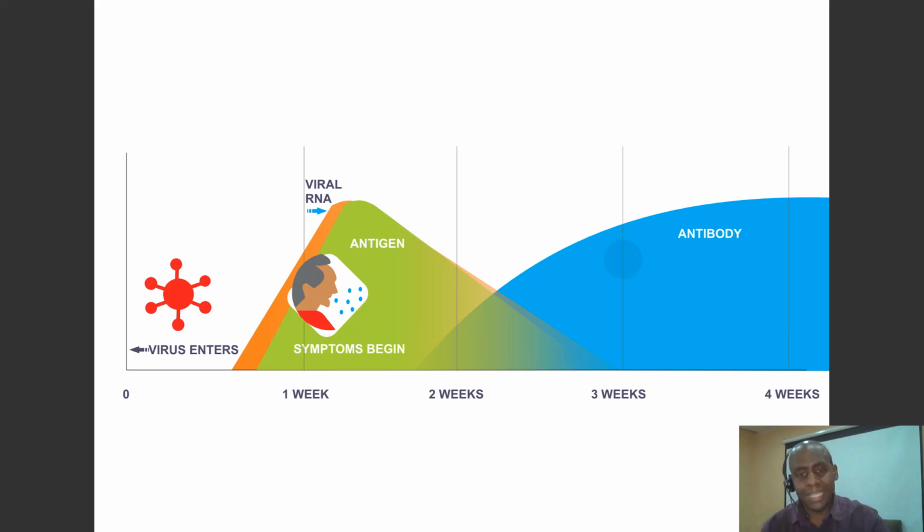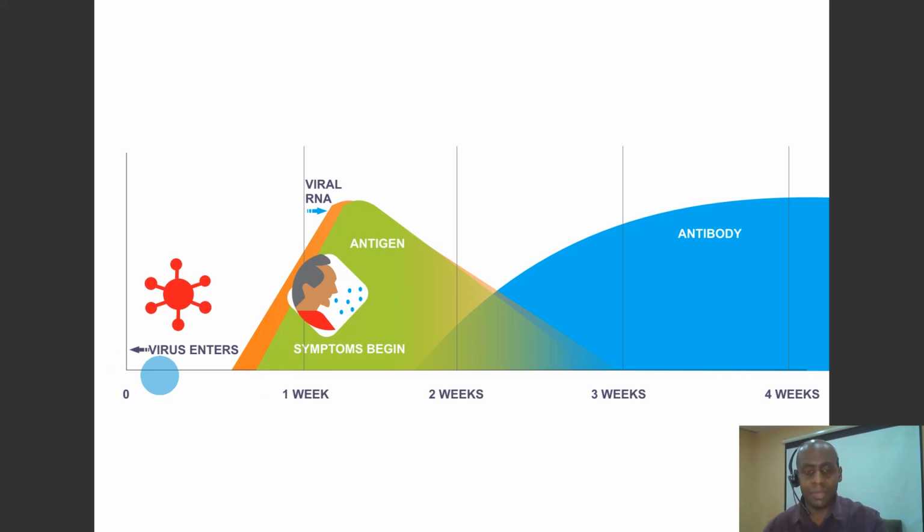In order for us to understand what this means, we need to understand how COVID infection works in our body. What actually happens from the time that we get infected, to the time that we recover. Basically, there is the first phase that we call the incubation phase.